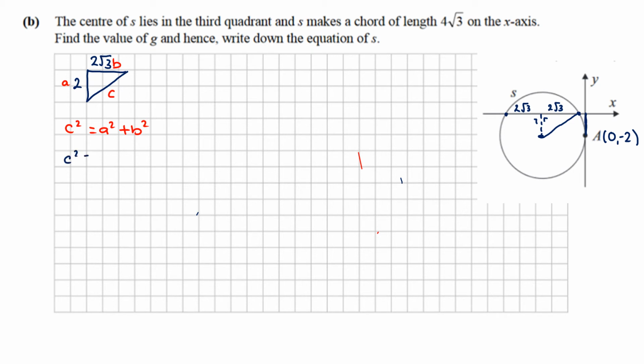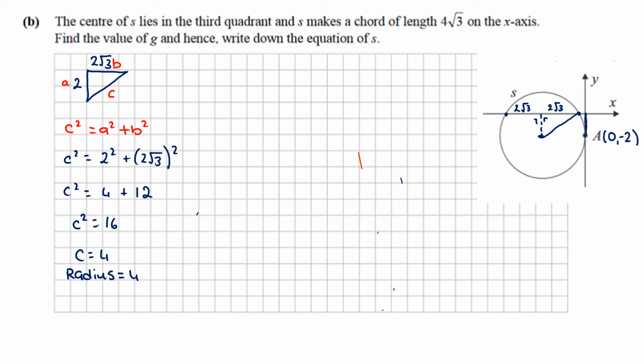C squared is equal to 2 squared plus 2 root 3 squared. C squared is equal to 4 plus 12, so 4 times 3. So C squared is equal to 16, so C is equal to 4. So that is my radius. So my radius equals 4.